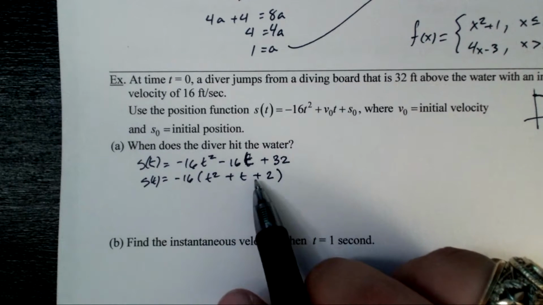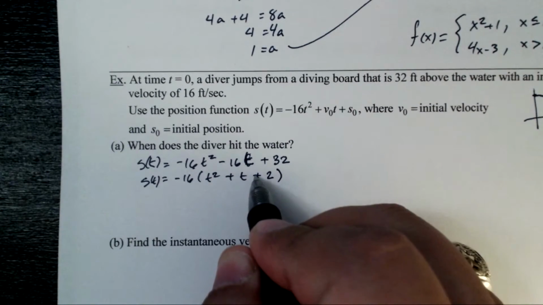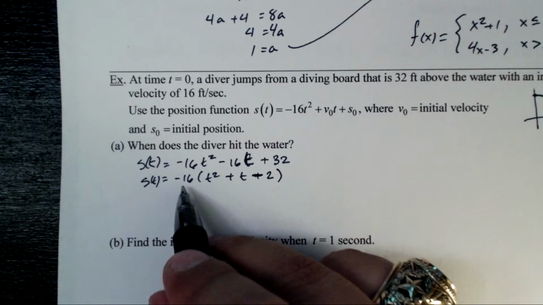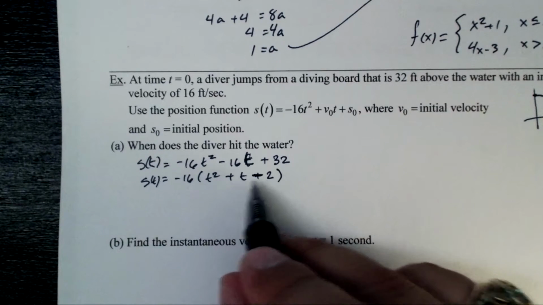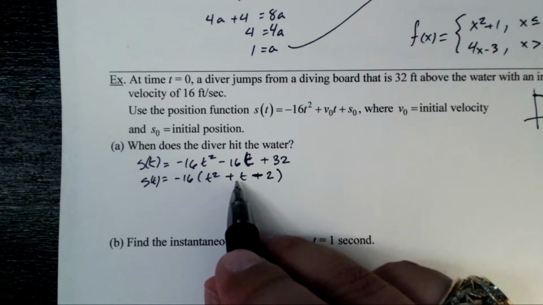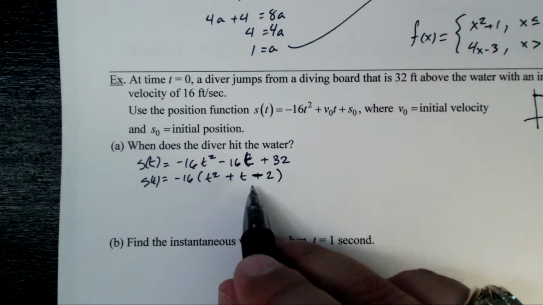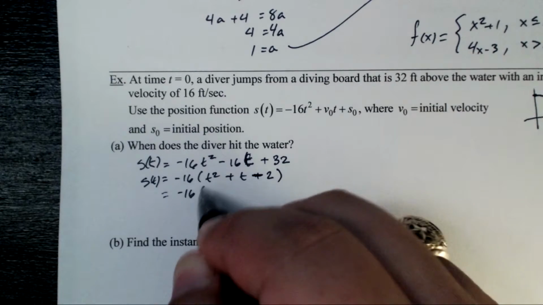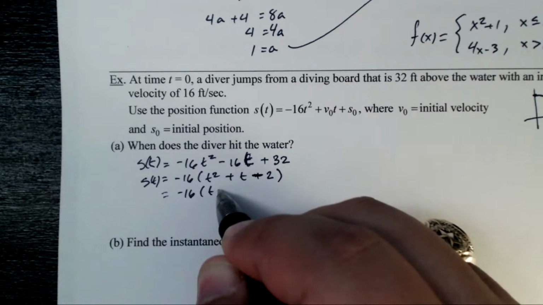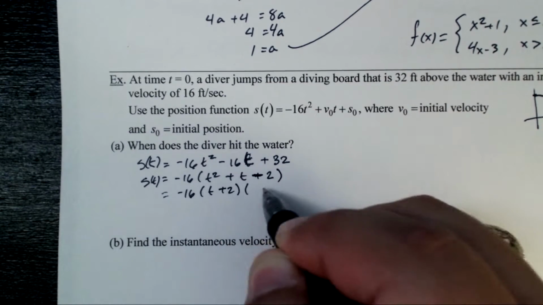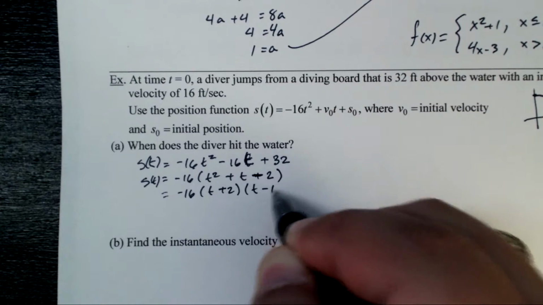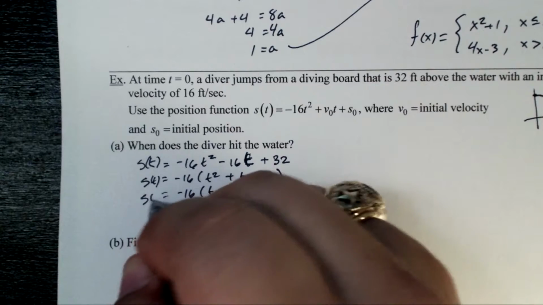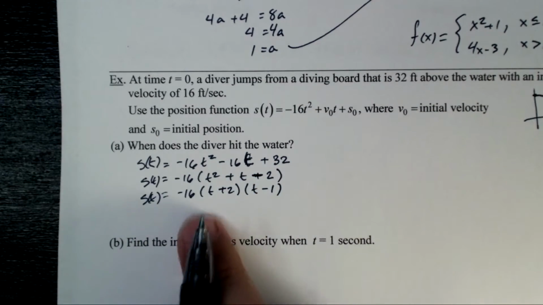Oh no, not plus 2, we're going to have a negative 2, because we factored out a negative 16. So we need two factors that add up to 1 and multiply to negative 2, so that'll be positive 2 and negative 1. So this is negative 16 times t plus 2 times t minus 1. That's what s of t is once we've factored it out.